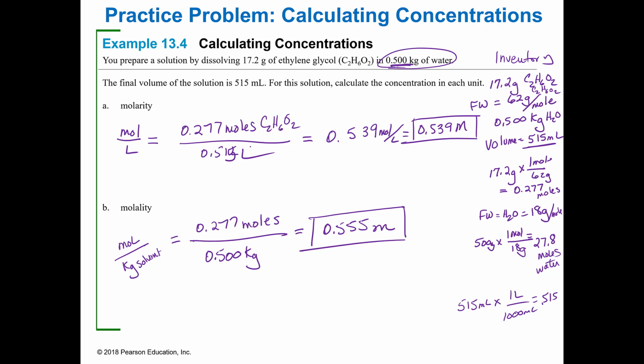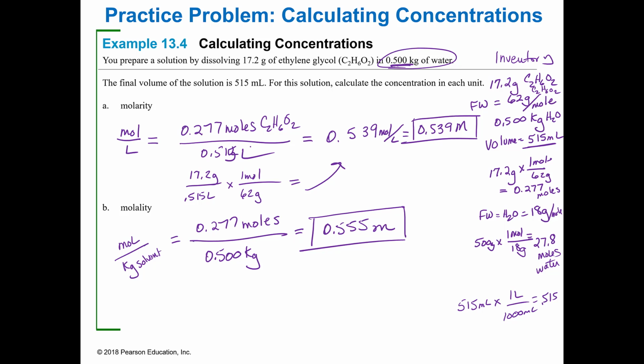If you didn't multiply out and figure out how many moles you had at the beginning, you could just do the actual mole calculation: you could say you had the 17.2 grams in the 0.515 liters, and then multiply it by 1 mole over the 62 grams to get your answer that way.